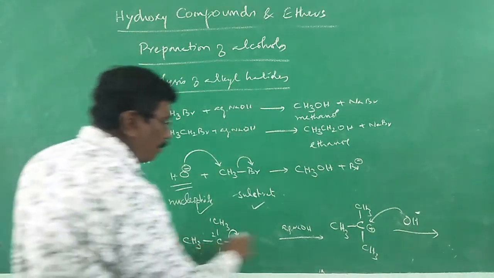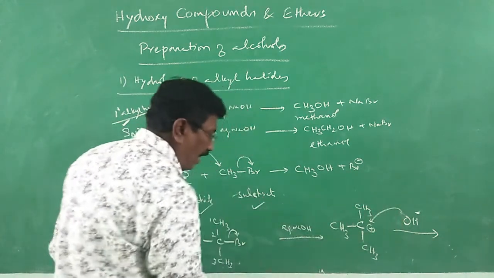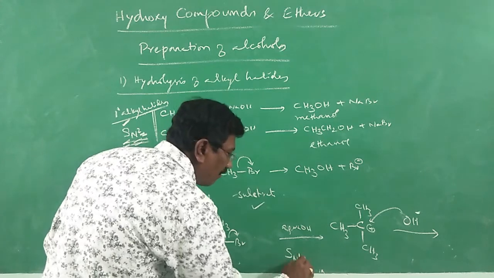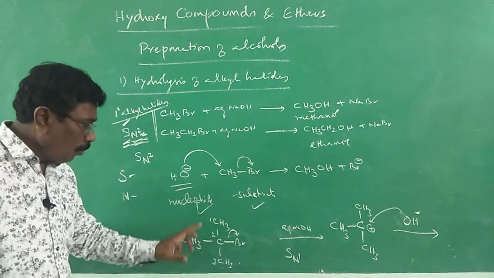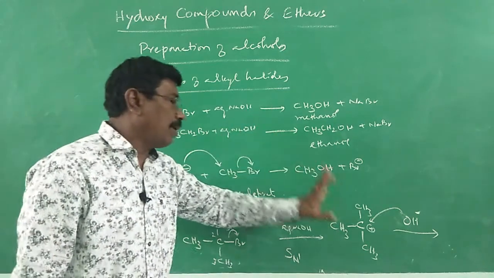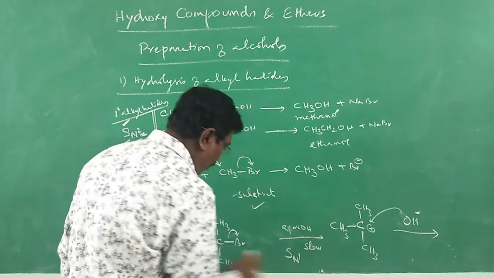So in this step, only the substrate is involved and not the nucleophile. And therefore we call it SN1. Only the substrate. The slow step involves formation of the carbocation.